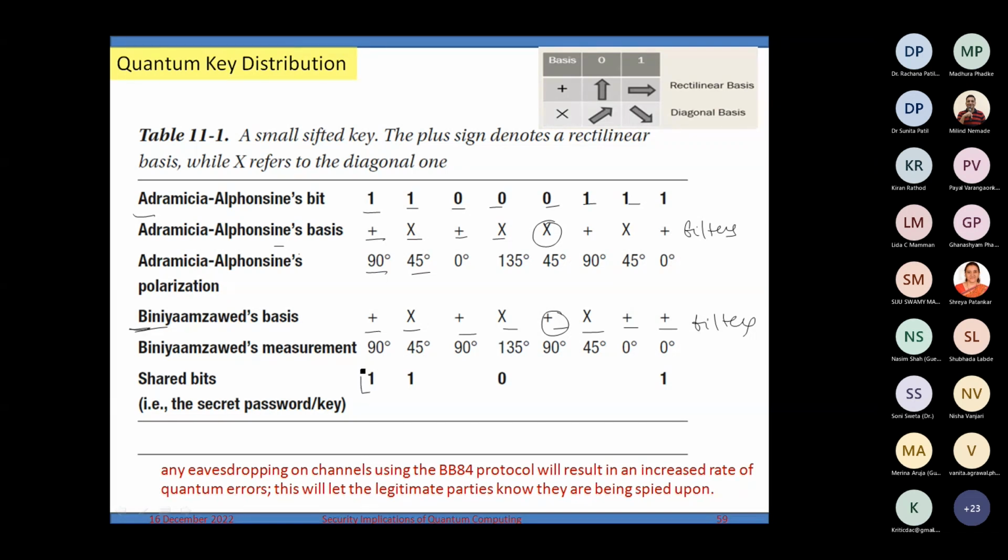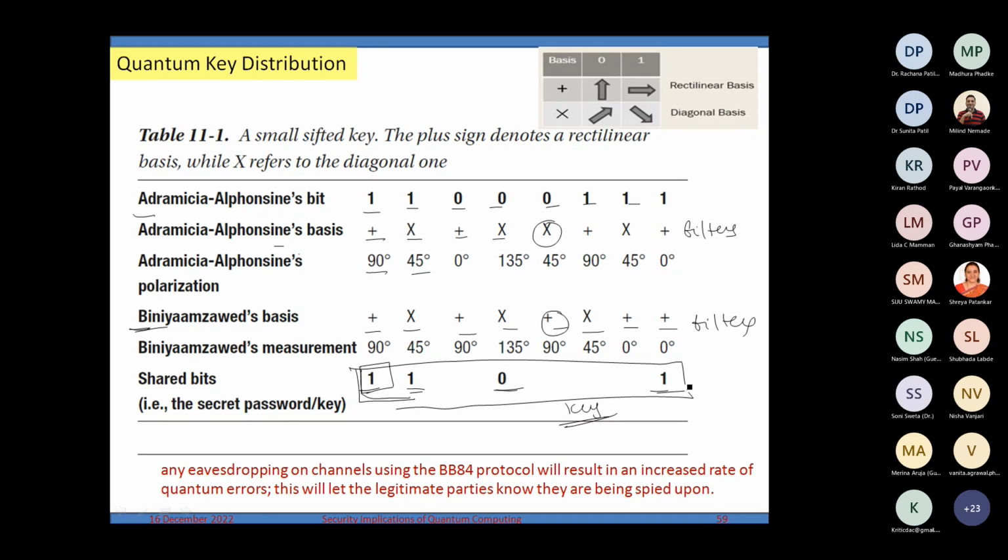Wherever the correct filters are applied, wherever they say that yes, you have applied the correct filter, only those corresponding bits are considered and taken as the key. Okay, so finally the common key is taken as the states where correct filters are applied. So finally the common key is 1101.